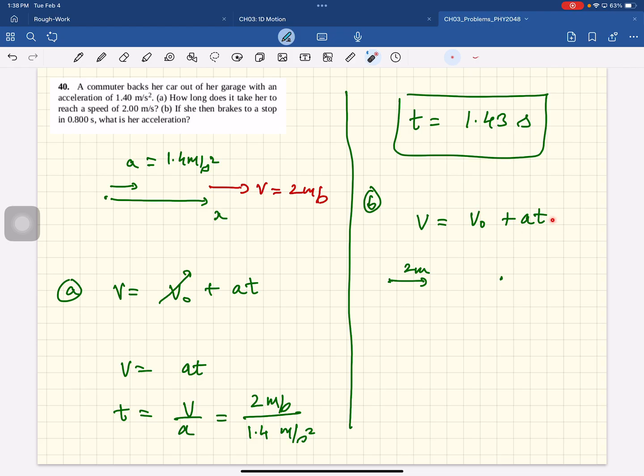Okay, and you're stopping in 0.8 seconds, so we'll calculate the acceleration. And I'm not putting units here because it gets messy. So A is negative 2 divided by 0.8, which is negative 2.5.